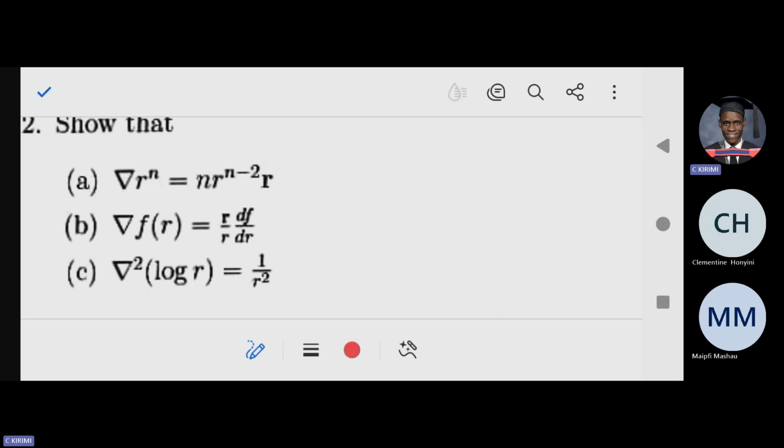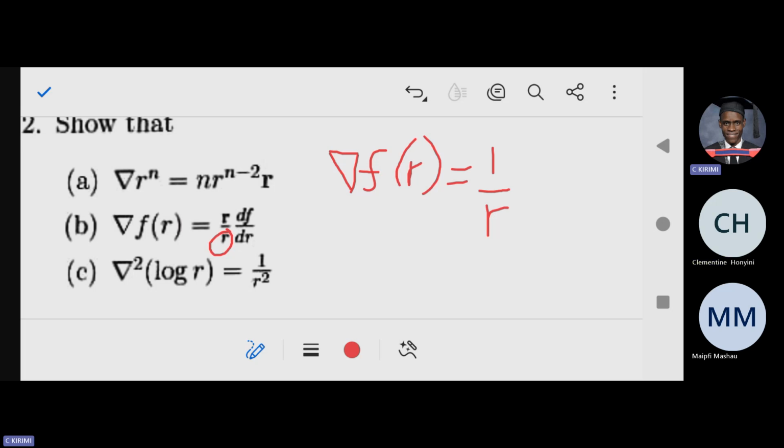We are going to say that this can also be written as grad f(r). I'm still at B, I have not gone to C yet. So grad f(r) at B, which we proved, can be written as 1 over r. If I take this r to stand on its own, it's on the denominator, so it's 1 over r.